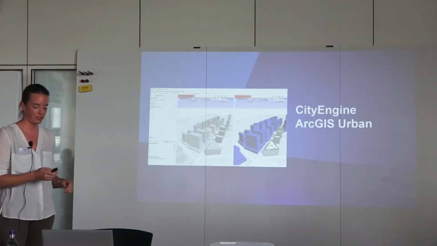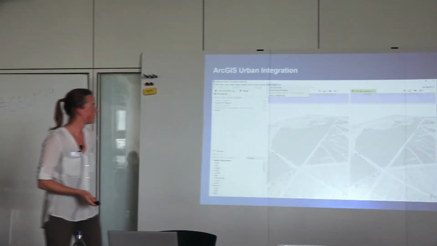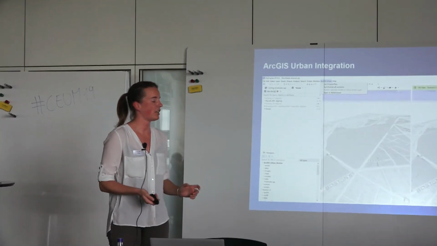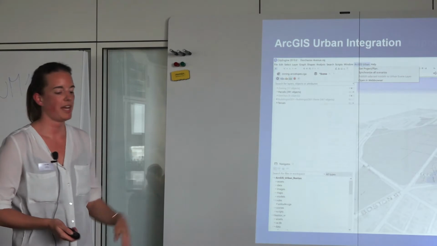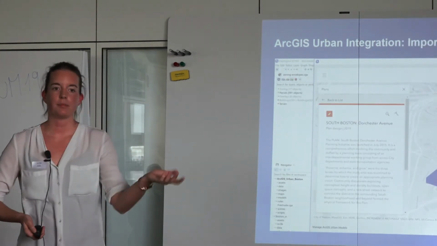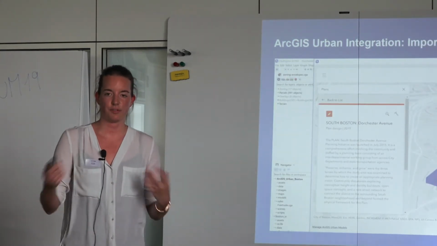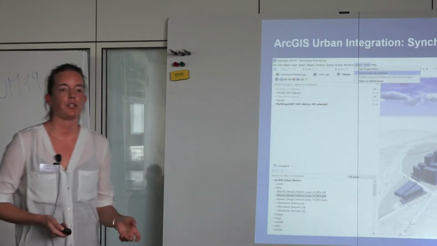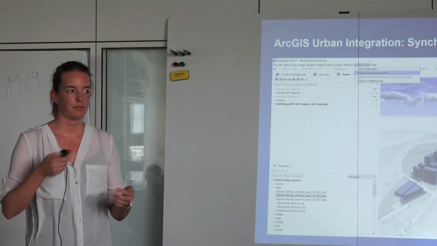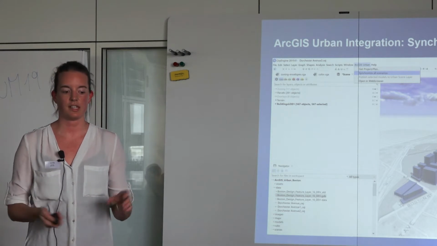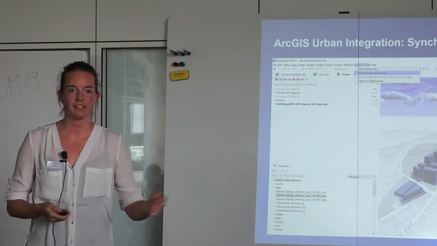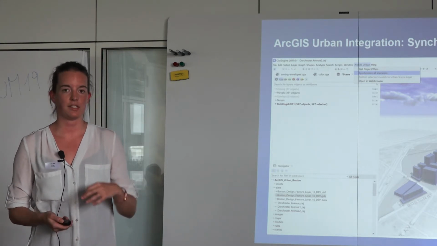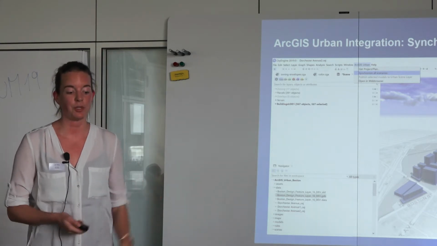Just as a quick recap for the integration, what has already been done that I just showed is that we can already bring in plans and projects from Urban into CityEngine. That was the first step. And we can also synchronize scenarios. The scenario concept in CityEngine works the same, so when I add a scenario in CityEngine, it will also be added to the feature service, which means it's also in ArcGIS Urban.